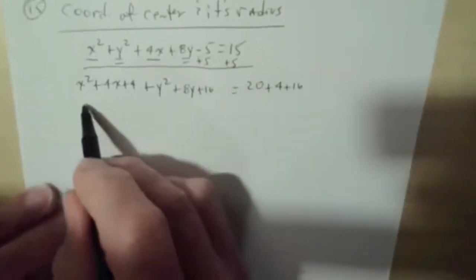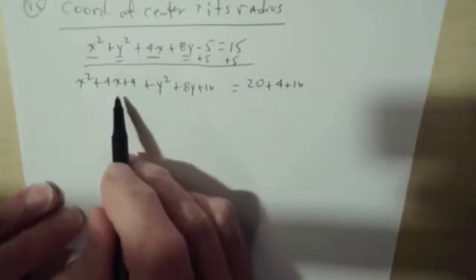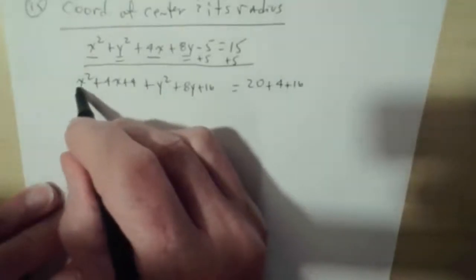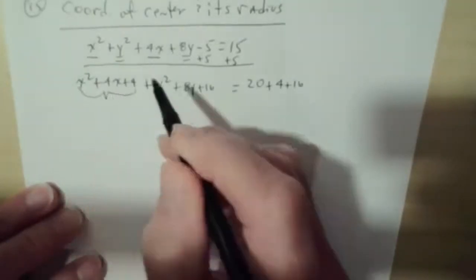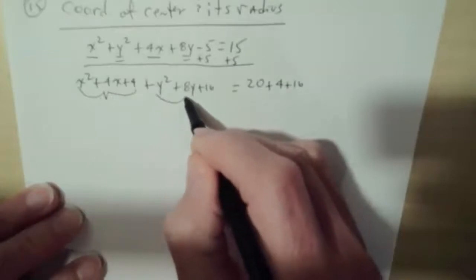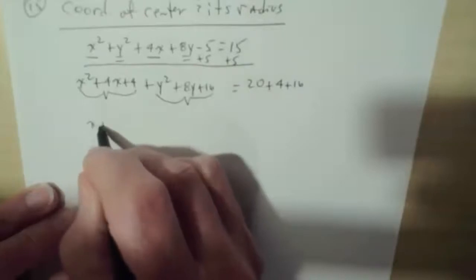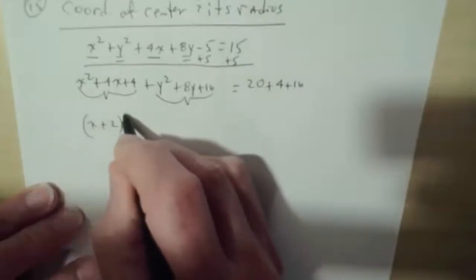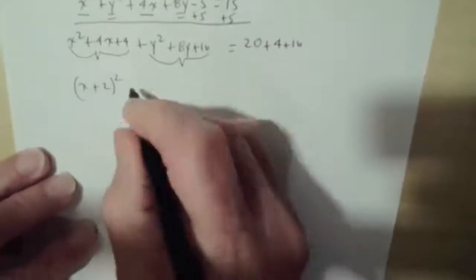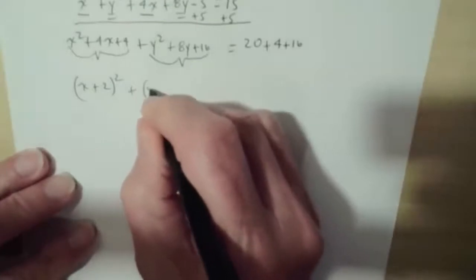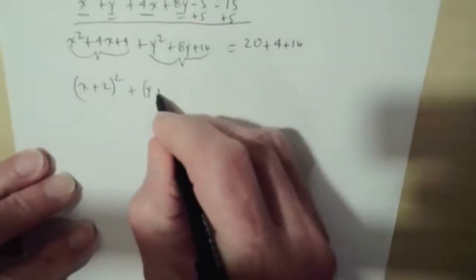Now this is a perfect square because we just made it one. And this is a perfect square because we just made it one. This is x plus 2, all squared, plus y plus 4.